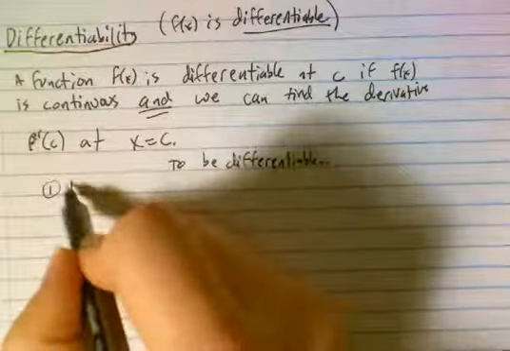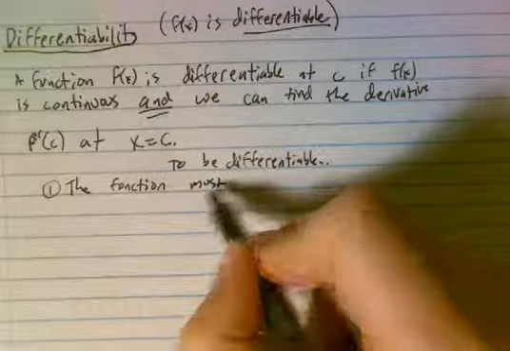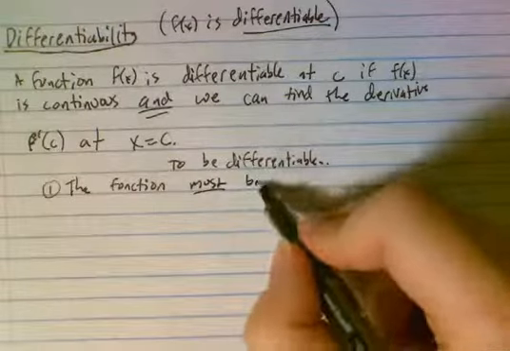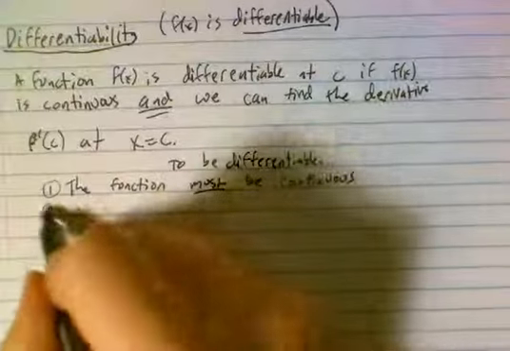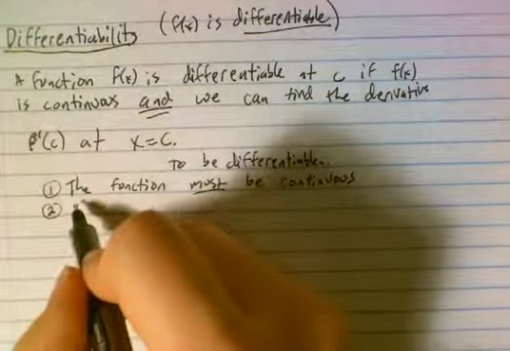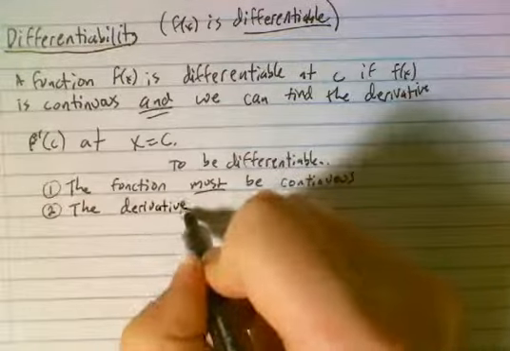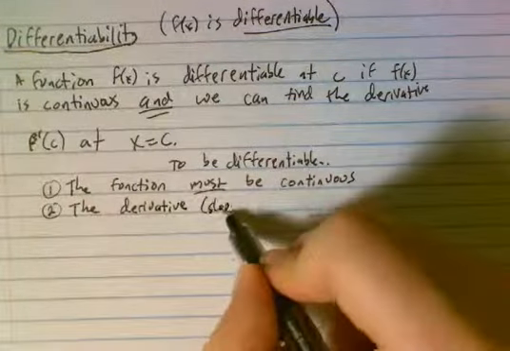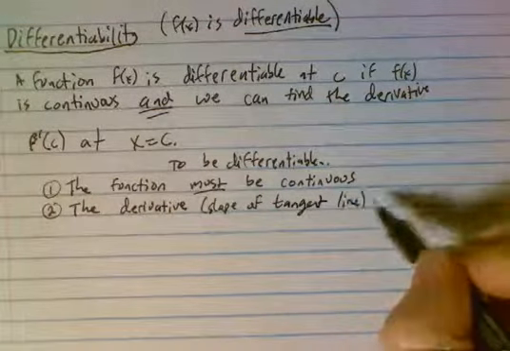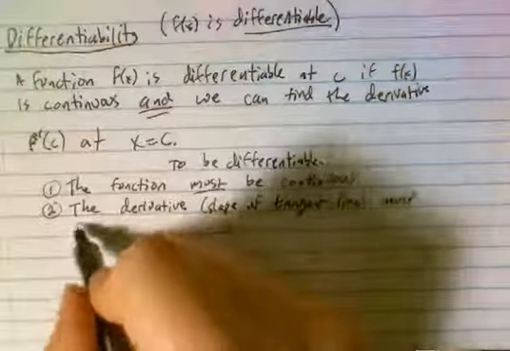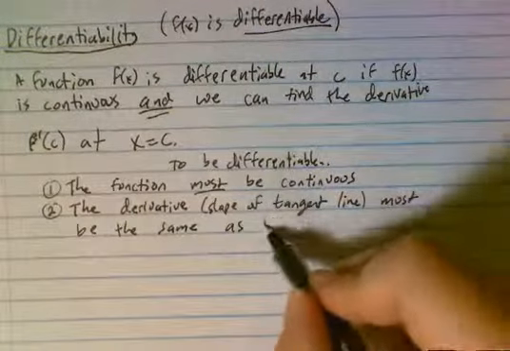One is that the function must be continuous. So we do the test exactly like we did before. Second thing, the derivative, remember that's the slope of the tangent line, must be the same as we approach from the left and the right.